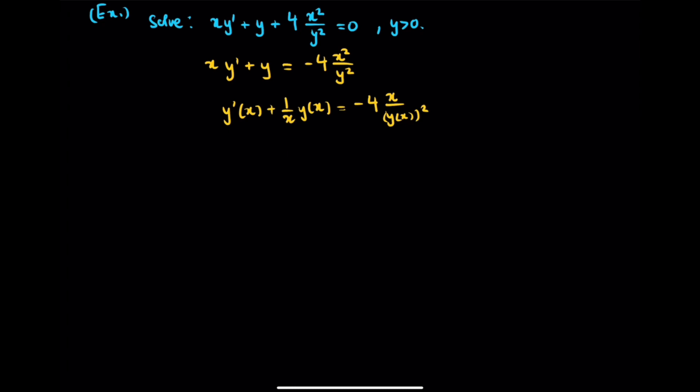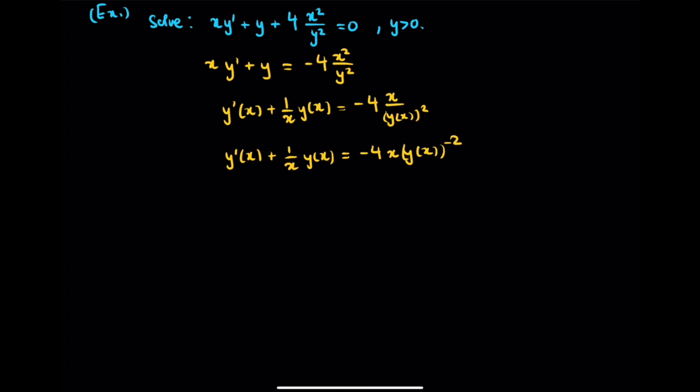Okay, and so now what we want to do is bring the y in the denominator up, just to be clear. So y x to the minus 2.